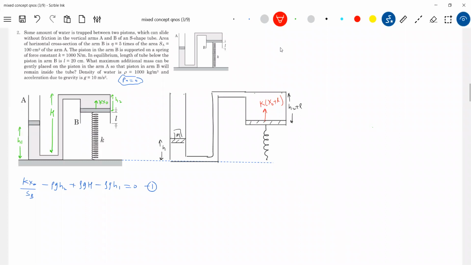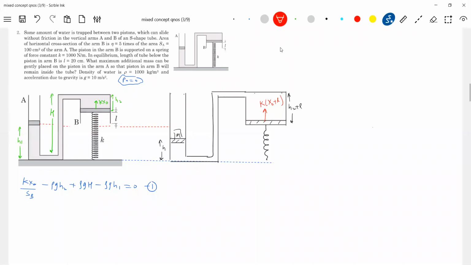So what happened? The amount of liquid present in this region has gone and increased here, no? This much liquid has come here. So the mass of the liquid should be conserved.